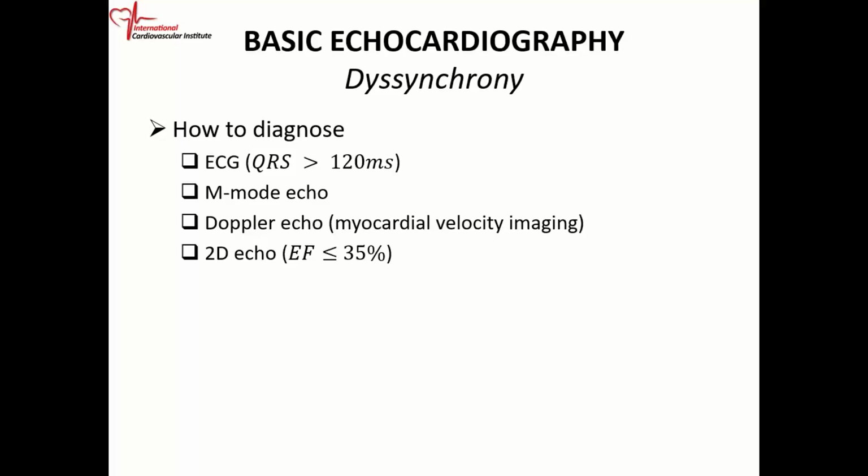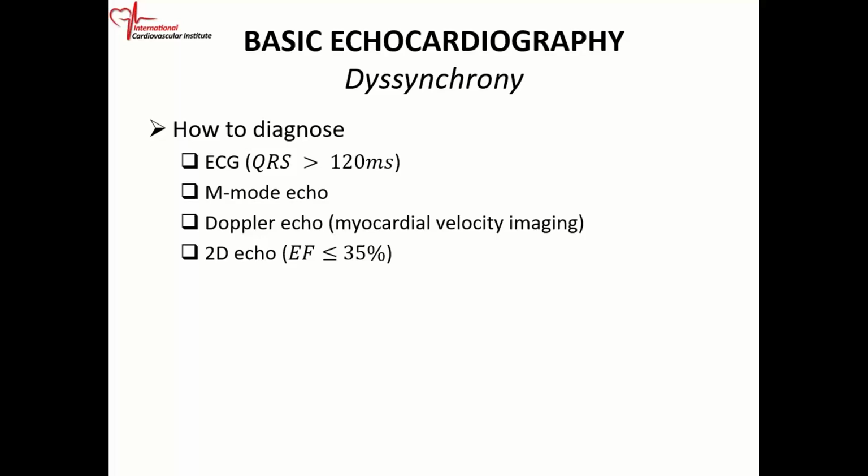So usually, if you look at the ECG and the QRS is greater than 120 milliseconds, you can bet the patient is going to have some amount of dyssynchrony. Patients with left bundle branch block and a QRS of 150, 160 milliseconds usually have dyssynchrony.